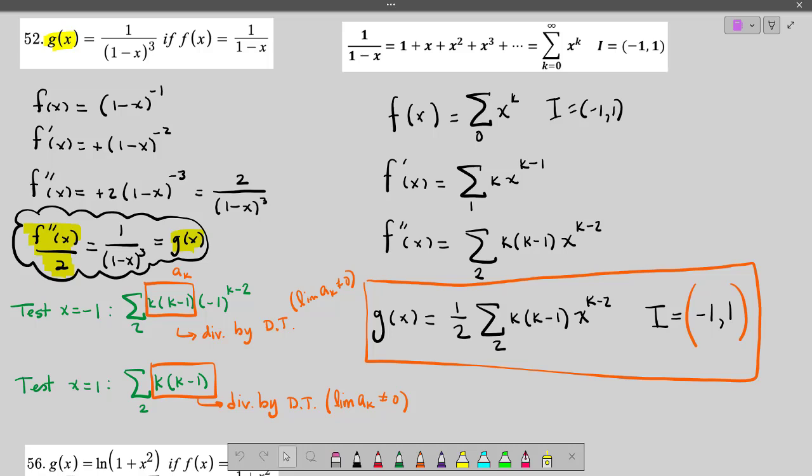We started with our geometric series from Tuesday, and we discovered that we had to take a couple of derivatives of the geometric series to get to this function g. The drawback is that the interval of convergence when you differentiate or integrate is ambiguous on the endpoints. If you differentiate or integrate, you have to test the endpoints again.